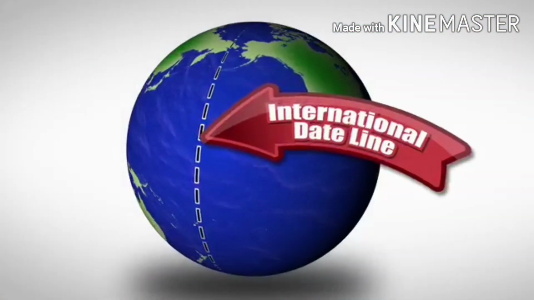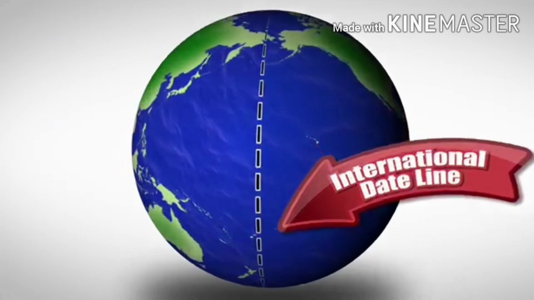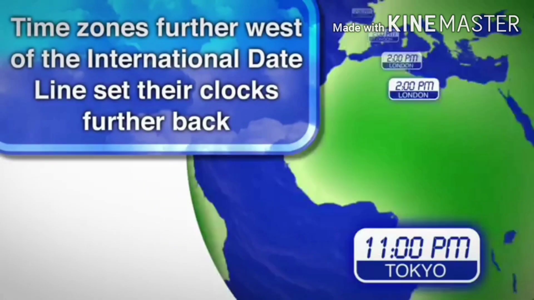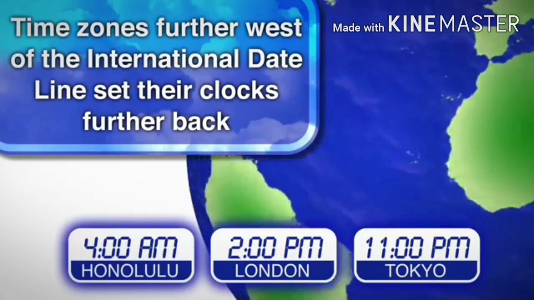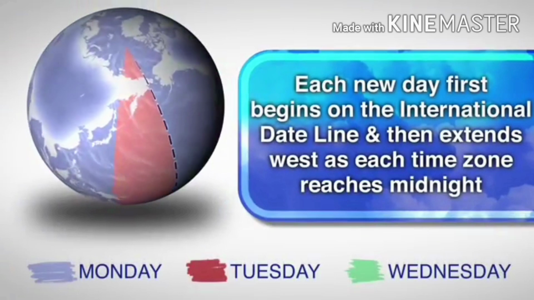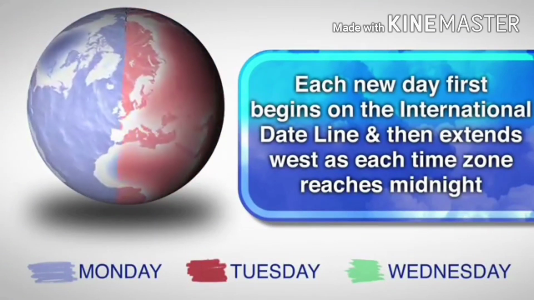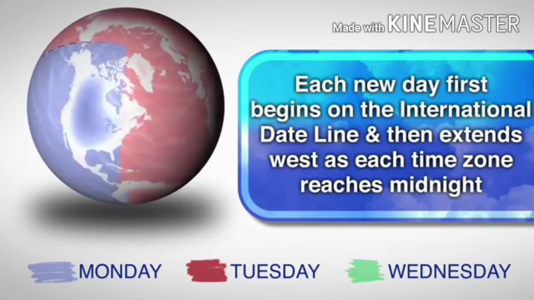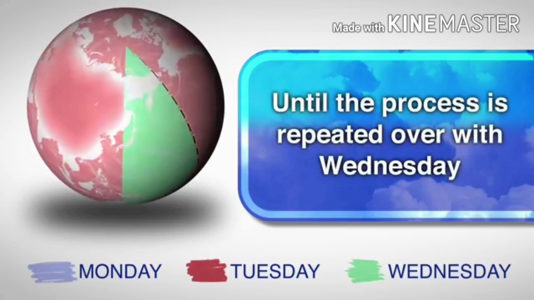The international date line, it makes time so strange. The international date line, where every day must change. From Kyoto to Hawaii on a Saturday we think. Reach the date line, cross the date line, it's Sunday quick as a wink. The international date line, it makes time so strange.